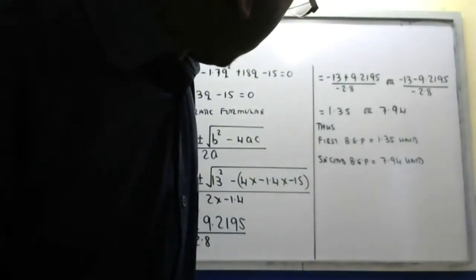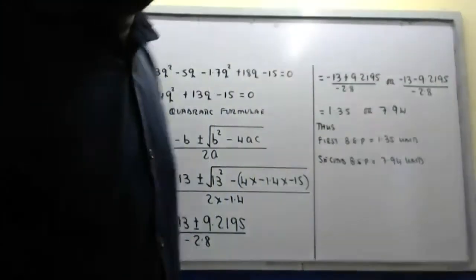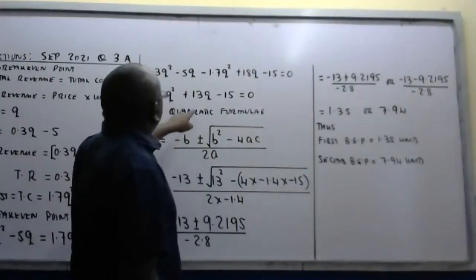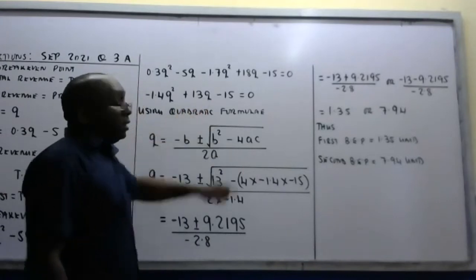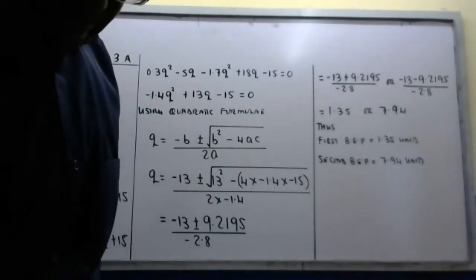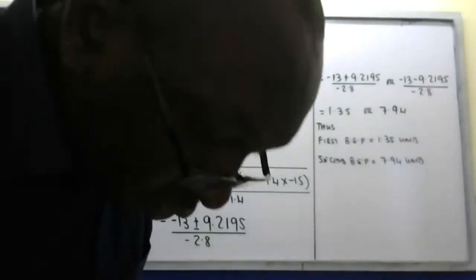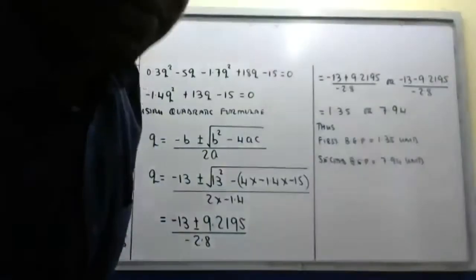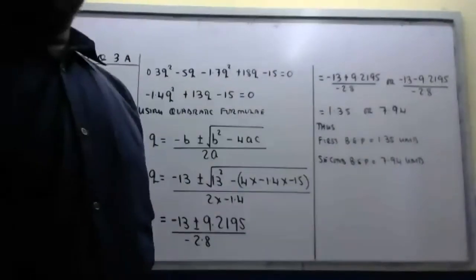Now I wanted to know where our B is in the equation. Our B in the equation is this one, the Q without the square.